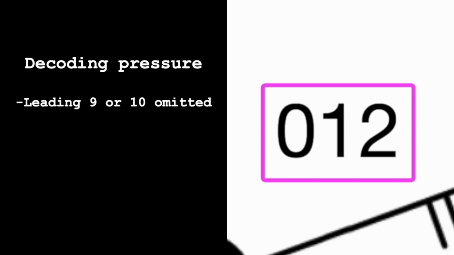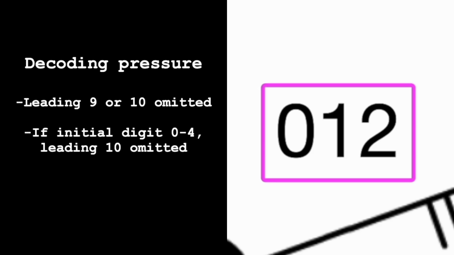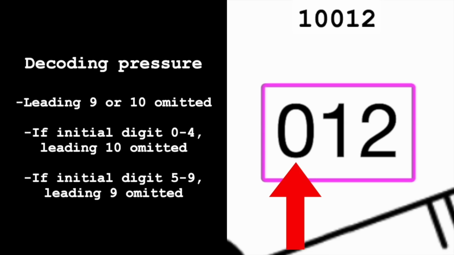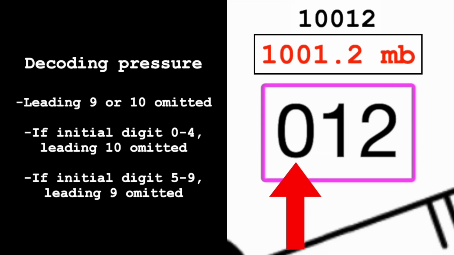Well, if the leading digit of the value listed on the station plot is a value from 0 to 4, the leading 10 has been lopped off. Whereas if the leading digit is from 5 to 9, the leading 9 has been lopped off. So in this case, our leading digit is a 0, so we know the leading 10 has been lopped off. We then put a decimal point between the last two digits to get our final pressure value of 1001.2 millibars.